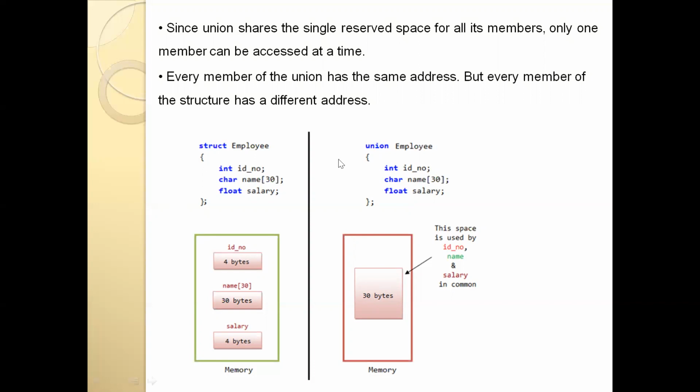If you observe the structure, for each and every member the memory will be allocated separately. But in case of union, for all the members commonly, one memory space will be allocated, and the same location will be shared by all the members. So here the memory will be reused. Reusability is possible in the case of unions.